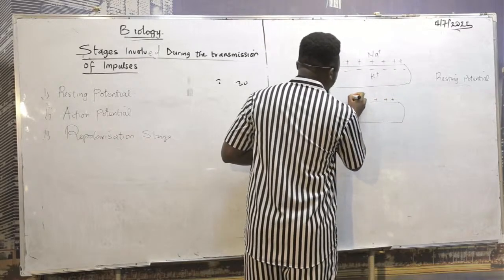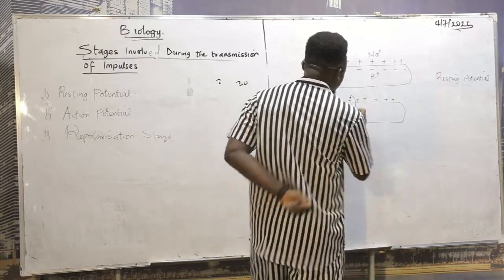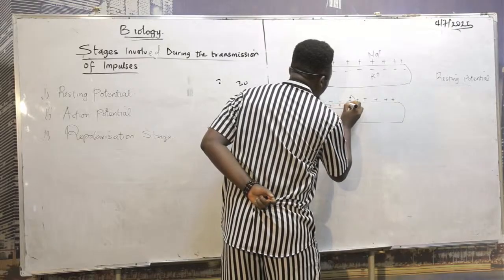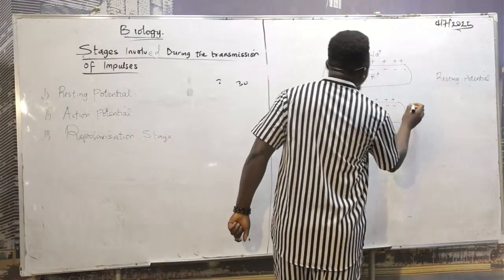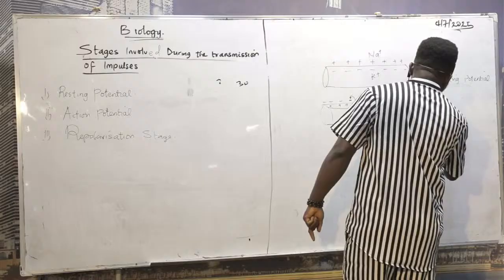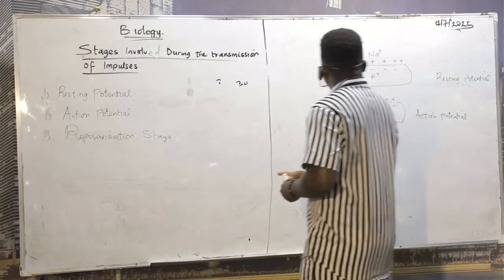But at this point, there's something happening. Minus is taking over and plus is trying to replace this part. Then here is minus, plus, plus, plus. This is what we call action potential.